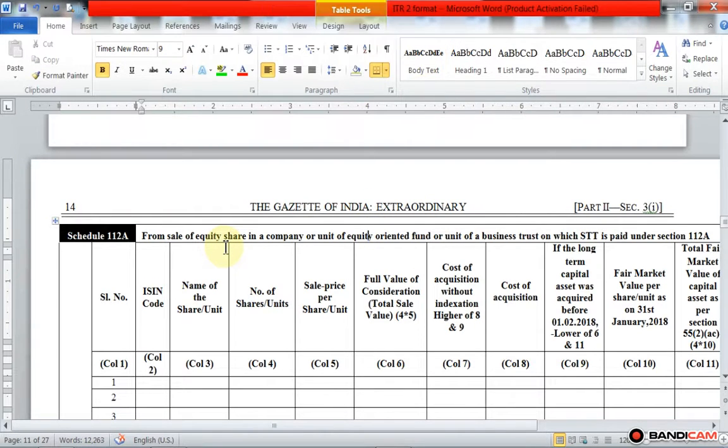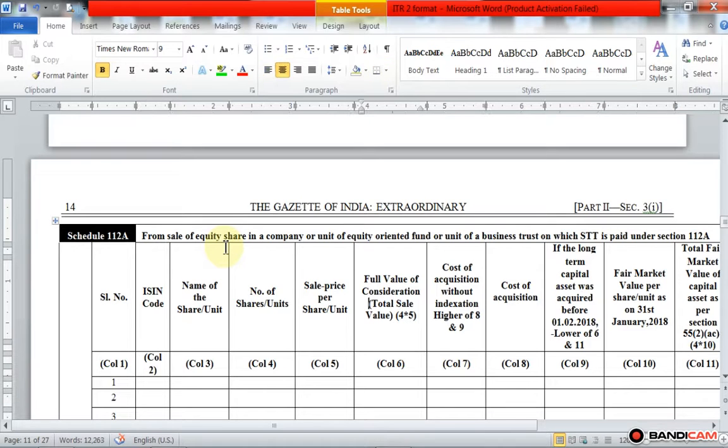Here Schedule 112A is relating to the sale of equity shares in a company or unit of an equity oriented fund or unit of a business trust on which securities transaction tax is paid under section 112A. It means if the assessee sells equity shares on which the securities transaction tax is paid, then they will fill this information in the respective column.